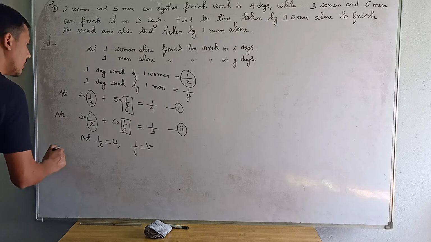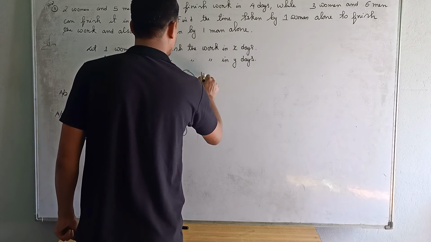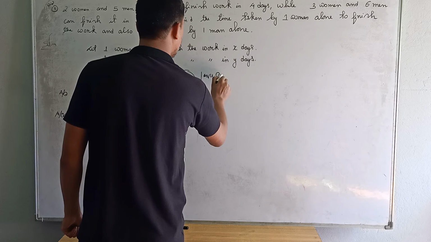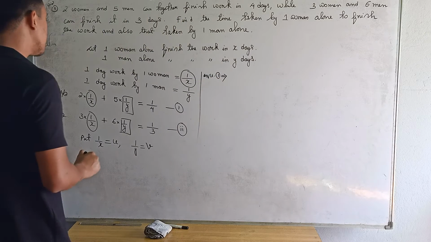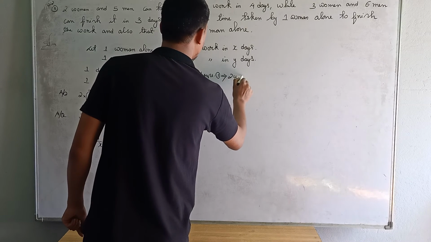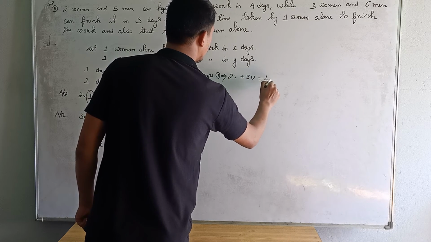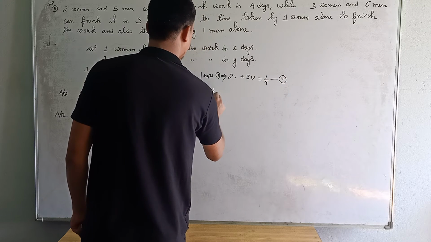Alright? So in that case, what does your equation 1 become? 2u plus 5v is equal to 1 by 4. This is your equation 3.